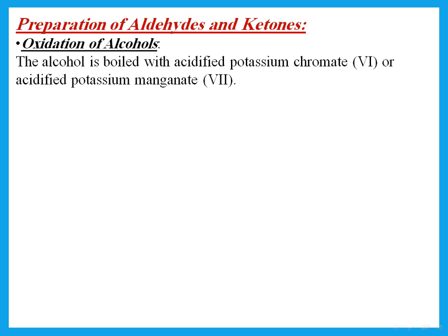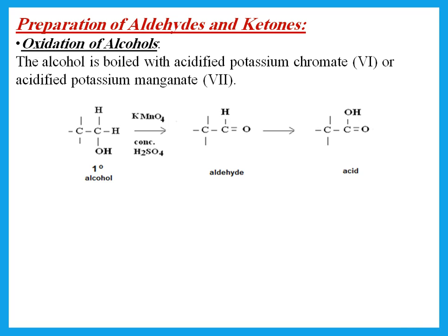Okay, how do we prepare aldehydes and ketones? Well, one method of getting an aldehyde or a ketone is oxidation of alcohol. Remember that if I have a primary alcohol and I add acidified potassium dichromate or acidified potassium manganate, the first thing is the primary alcohol is oxidized to an aldehyde. If I continue to oxidize it, it further oxidizes to acid.